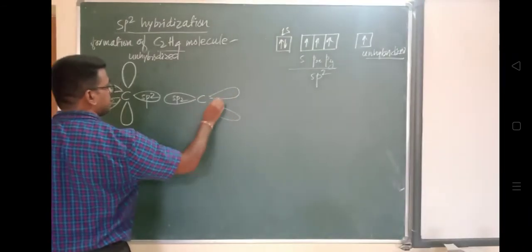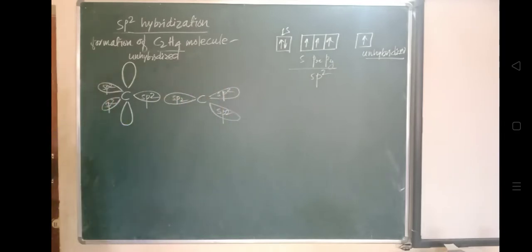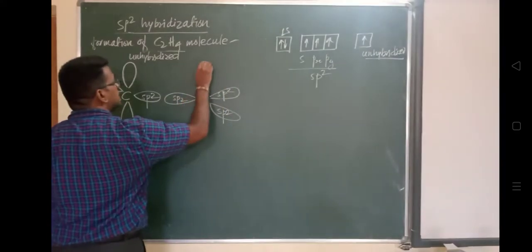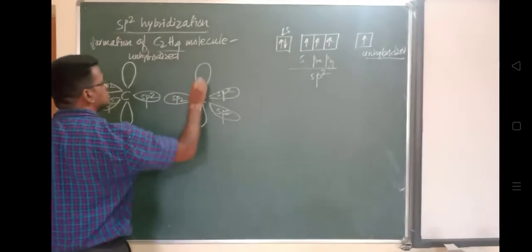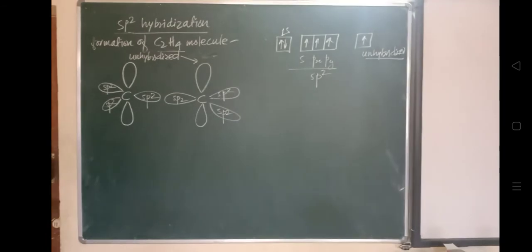Now, whatever bonds are forming, the sp2 hybrid orbitals overlap with the s orbitals of hydrogen. You can see here sp2 and s orbital, because which orbital is there in hydrogen? Only one s orbital is present. So right now, the bond between hydrogen and this carbon will be an sp2 and s orbital bond.